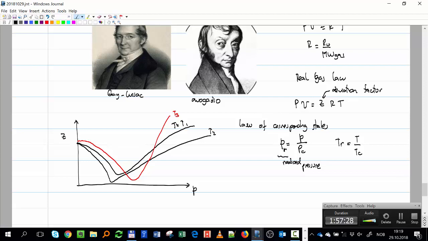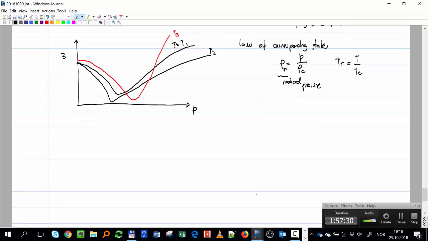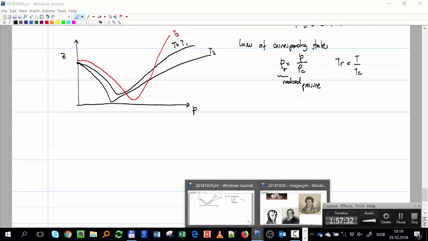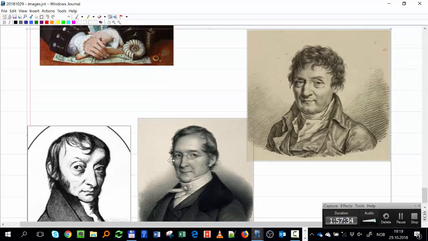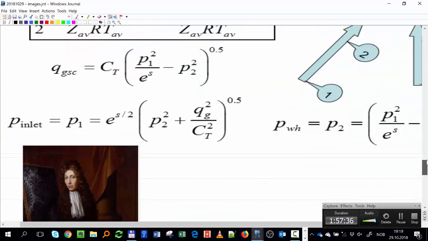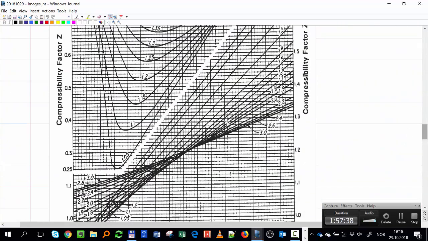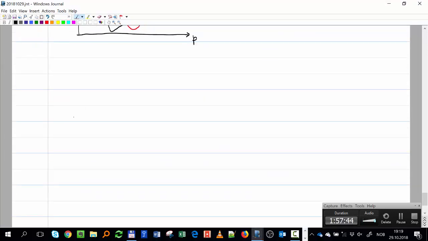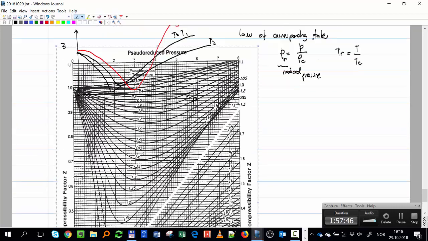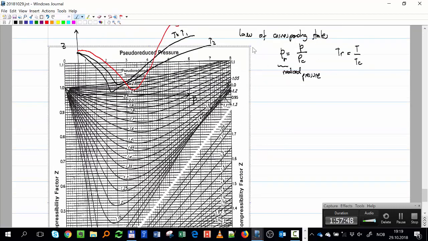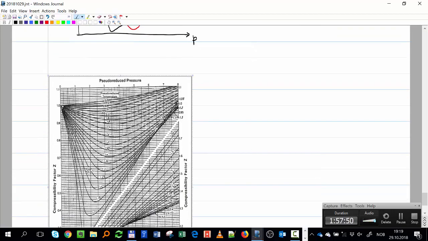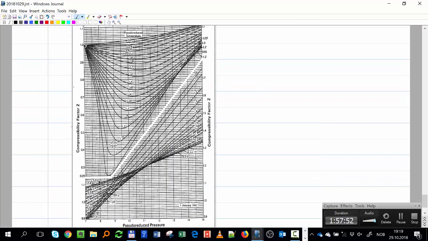Big success, big hurrah. Okay, and they came up with this chart that I guess you know how to read, or maybe we need to make a small refreshment.